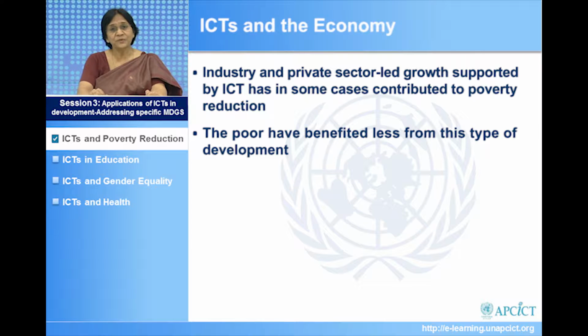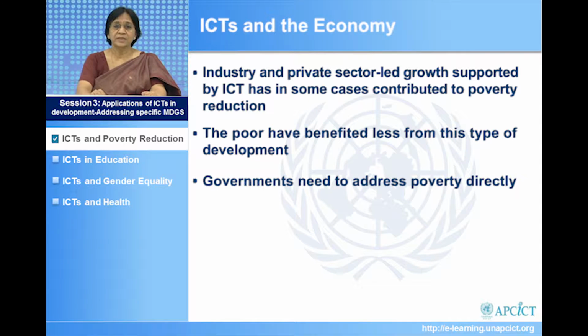In other words, improving small and medium enterprises may, but it may also not, have a direct impact upon poverty reduction, which is why governments have to use ICTs to address poverty reduction directly.